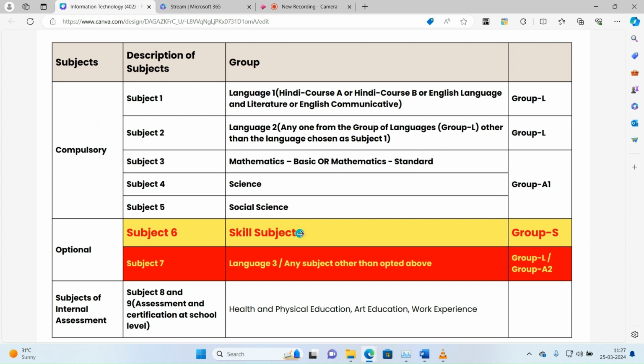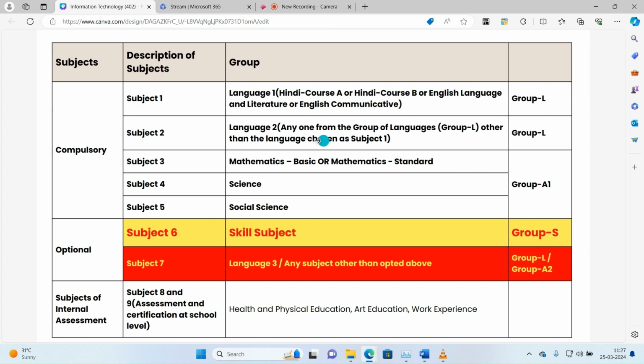So let's see. As you can see here, these are the compulsory subjects, five compulsory subjects which you are going to study, where you have one language, and of course in our school we have communicative English language and literature. You have four options over here, and this comes under group L, that is languages group.